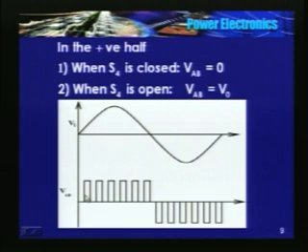Switch on, switch off, switch on, switch off. Similarly in the negative half. Remember, I will use this waveform sometime later. The voltage across AB, or the voltage at the other terminal of the inductor, is not a sinusoid. Input is a sinusoid, the other side is not a sinusoid.